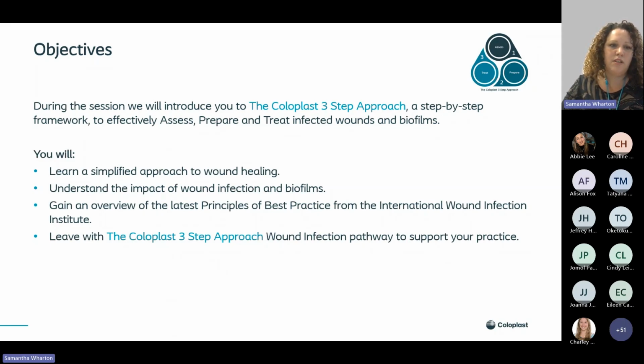We'll also look at the latest principles of best practice from the International Wound Infection Institute, and there's a pathway, and we'll leave you with the Coloplast three-step approach wound infection pathway to support your practice.